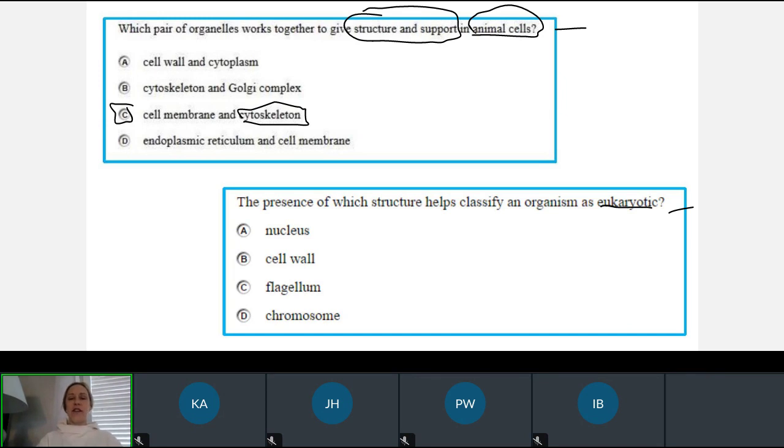What is an indicator of a eukaryotic cell? Yep. Remember, EU means true. It makes it different than a prokaryotic cell. So you are correct if you answered A, nucleus, right? Eukaryotic cells have a nucleus, a true nucleus that stores our DNA.